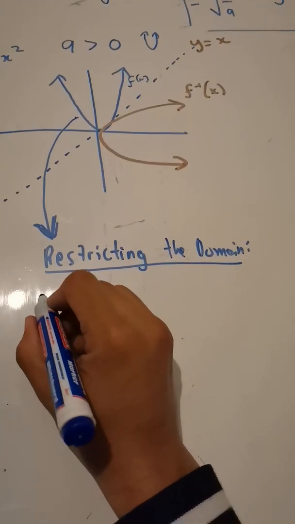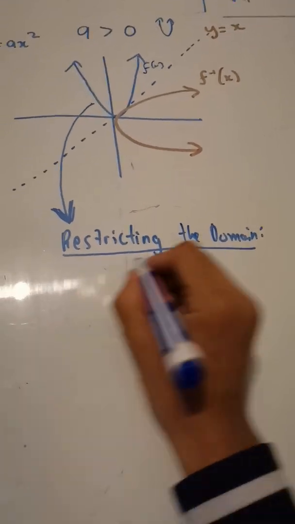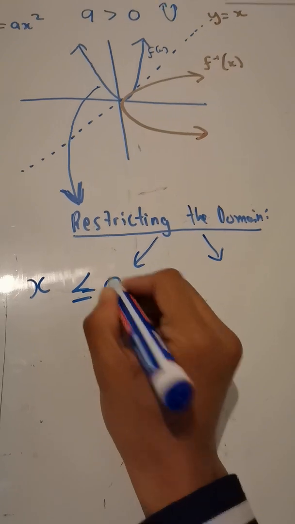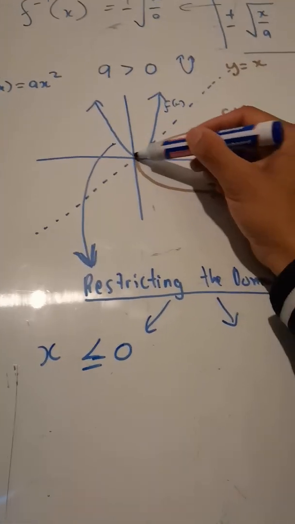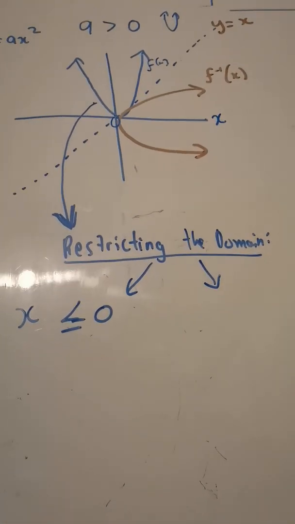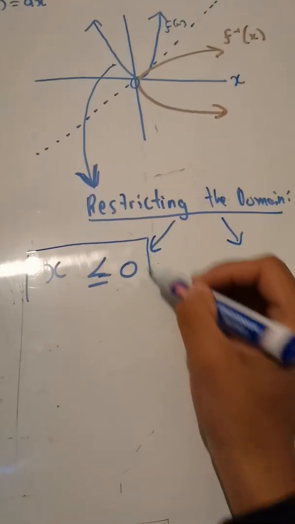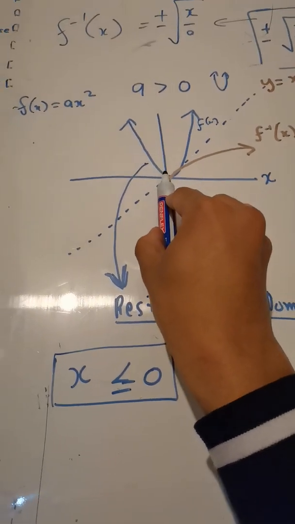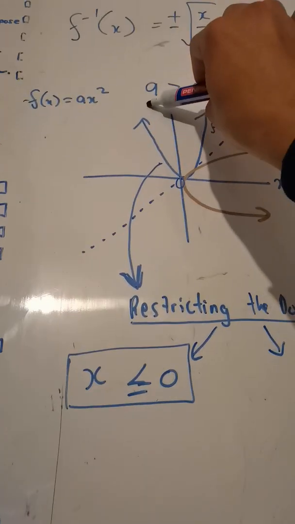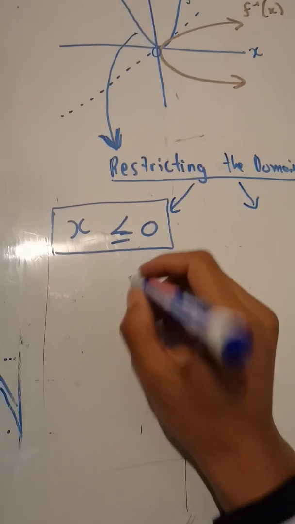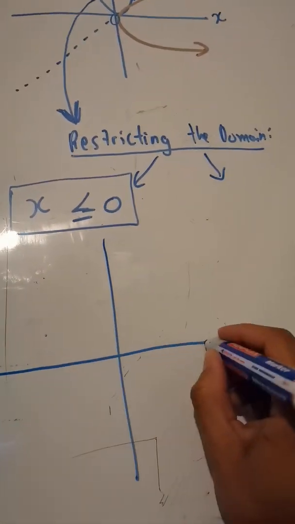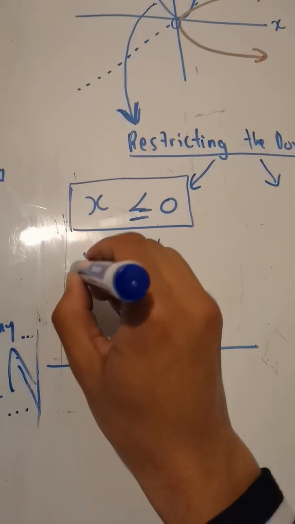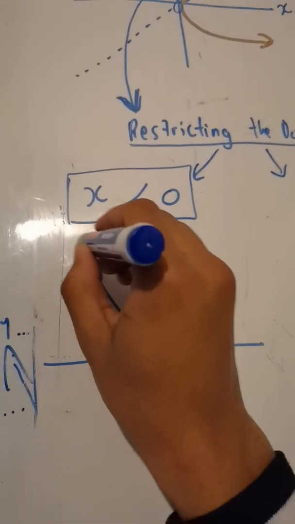We can restrict the domain by saying that x has to always be less than or equal to 0. Now there's 0, right? And that's the x. If we say that x must always be less than or equal to 0, that is towards the left. So then we're only taking the left arm of the parabola. So if we restrict the domain by saying x is less than or equal to 0, we're only taking the left arm into account.